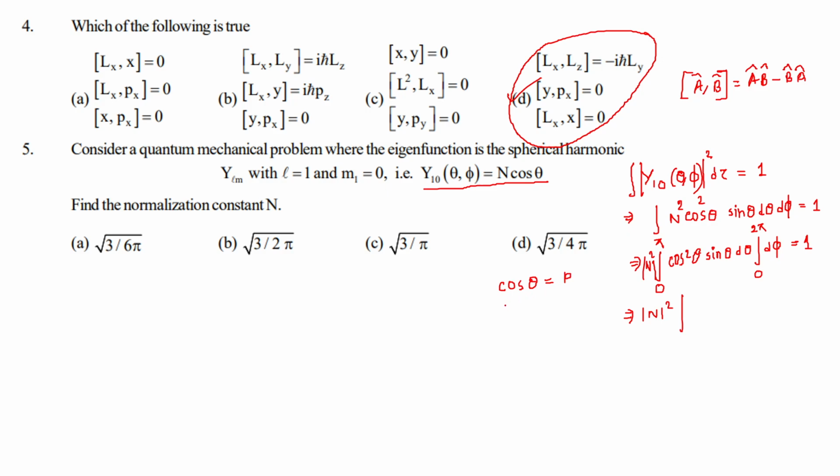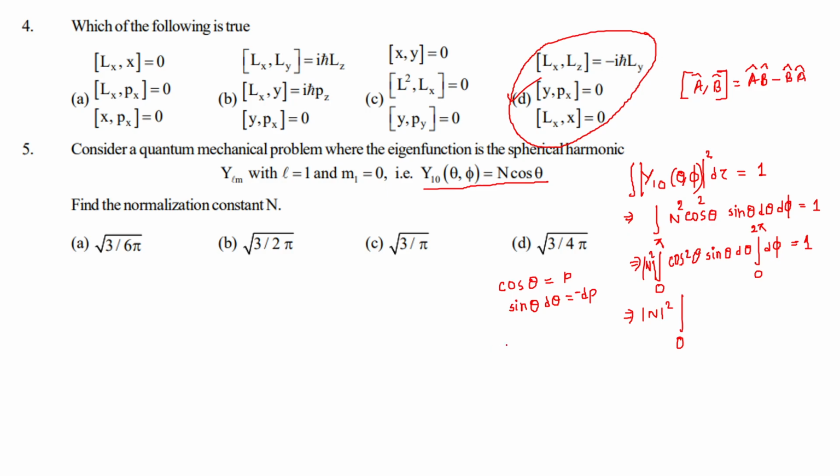If I take a differentiation with respect to theta, then sin theta d theta is going to be my dp. Okay, actually minus dp. The derivative of cos theta with respect to theta is minus sin theta. So I will take minus dp on that side. So 0 to pi.